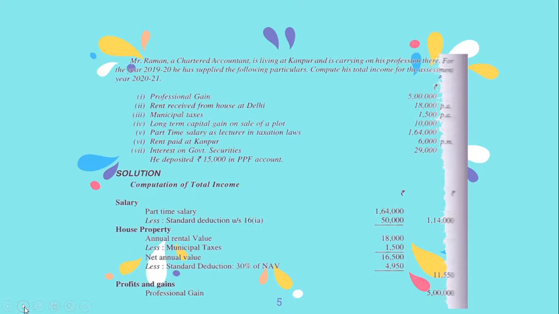Then going on to house property income, annual rental value is 18,000, less municipal taxes that have been given, 1,500 per annum. So our net annual value is 16,500 after subtracting the municipal taxes. From the net annual value, we give deductions under section 24.